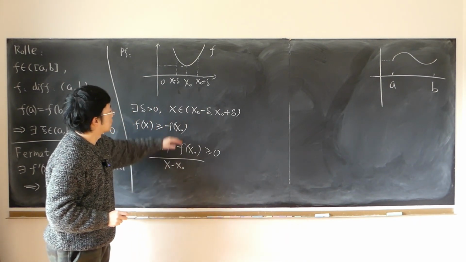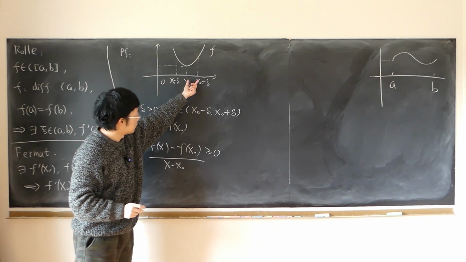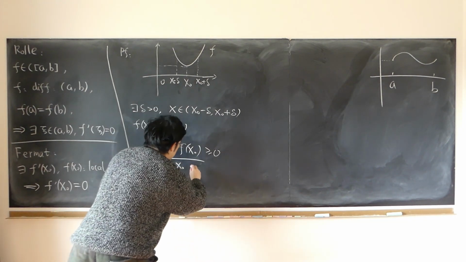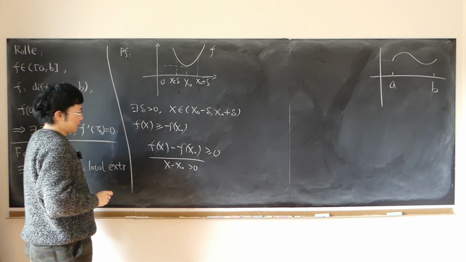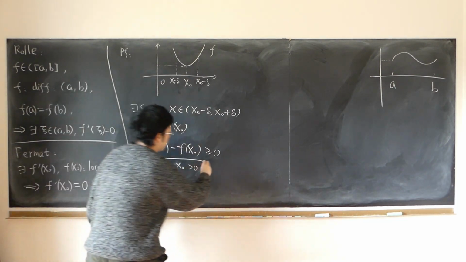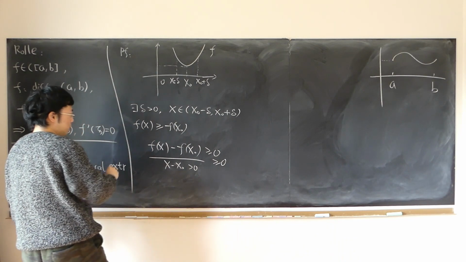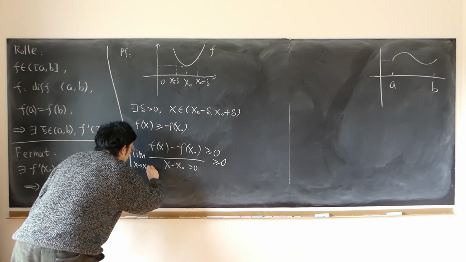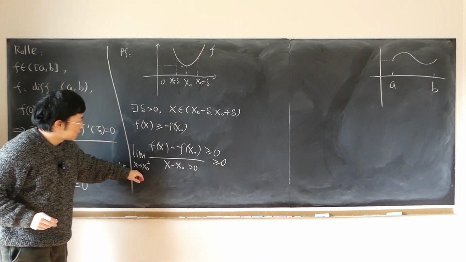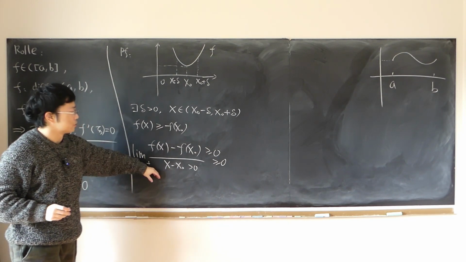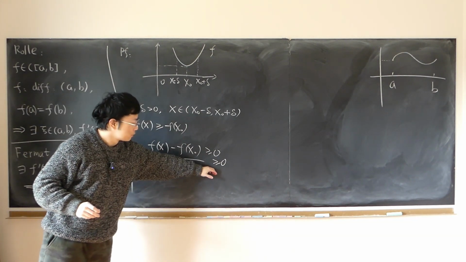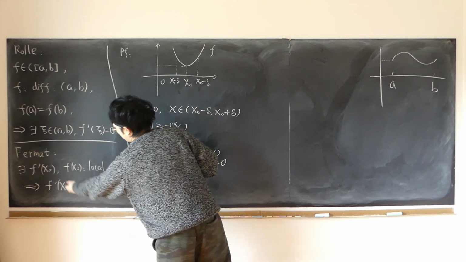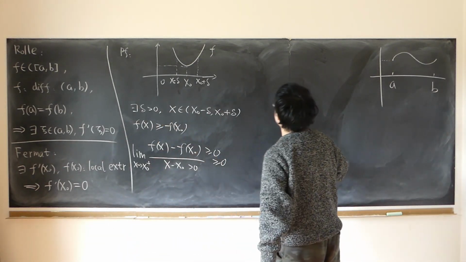Since x is approaching from the right-hand side, x must be greater than x0, so the bottom is also positive. So overall, the whole thing is positive. If we let x approach x0 from the right-hand side, the limit should also be greater than or equal to 0, because the derivative is given to exist, so this exists as well.